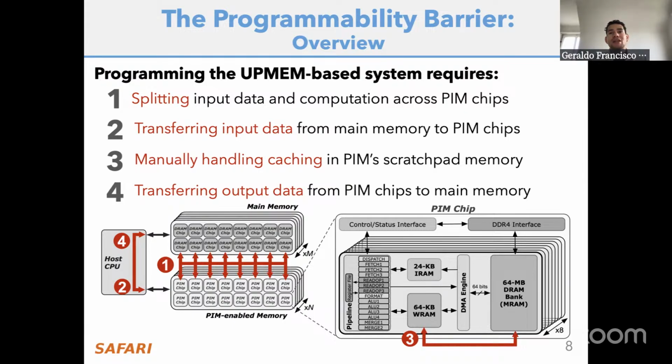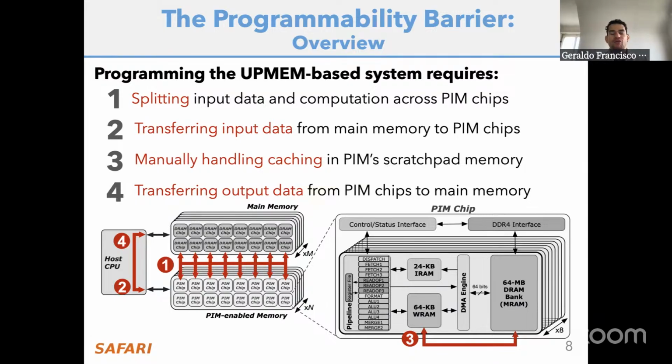The second thing that this model enables is that the assumption here is that the amount of input data that you're going to transfer from main memory to the PIM system, and the output data that is produced from the PIM system and eventually needs to be moved back to the main memory, is going to be less than the intermediate data that is going to be produced during the computation.